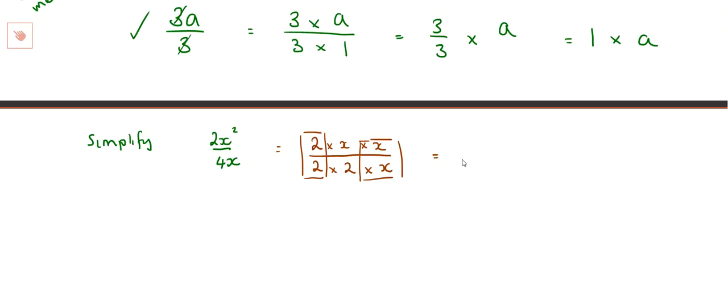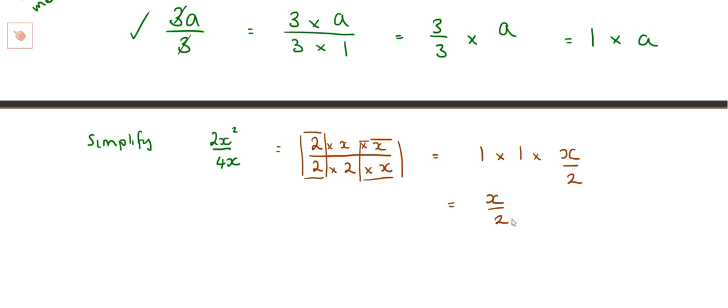You don't need to, you could cross out as long as you understand what you're doing. So 2 over 2 becomes a 1 times, x over x becomes a 1 times, and x over 2 is still there. So in total, we end up with just x over 2.